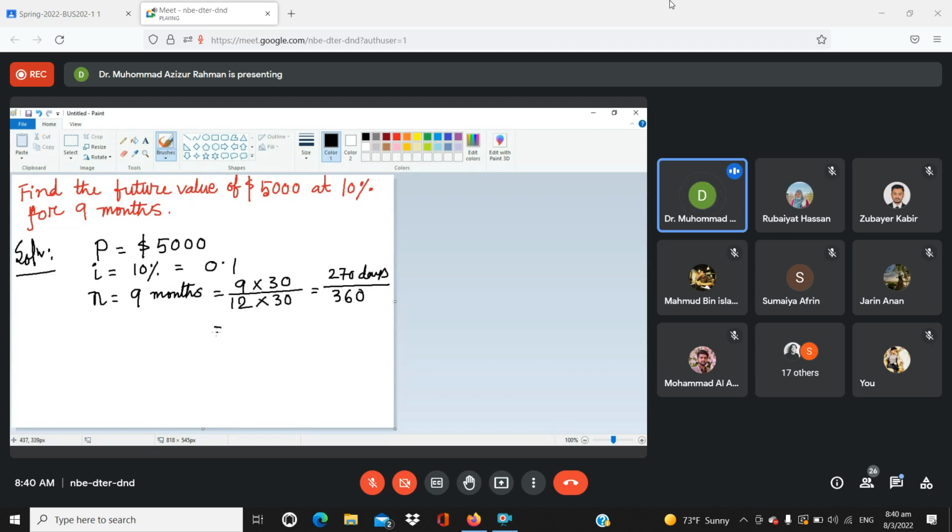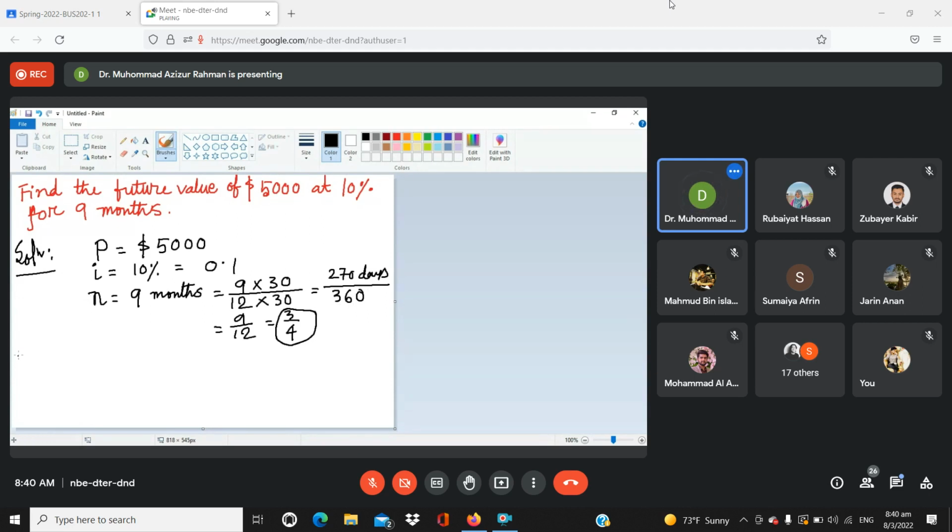So actually it is 9/12, which is 3/4. If you want to use the exact method, you can use 365 here, no problem.